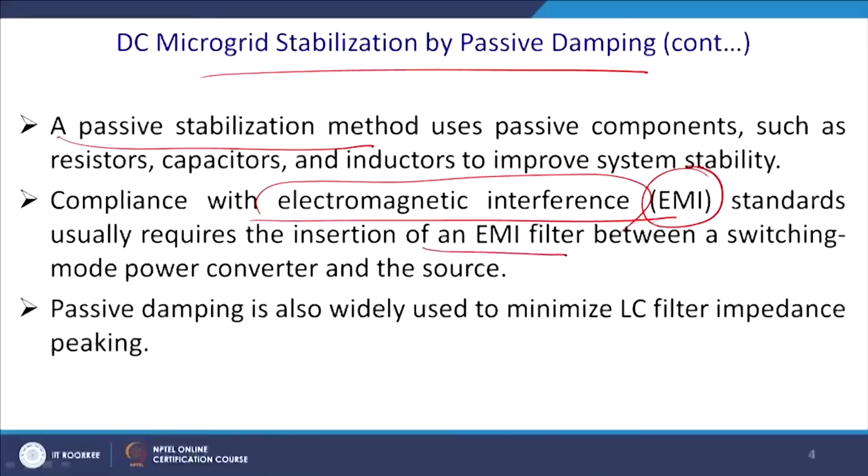The EMI standard usually requires the insertion of an EMI filter between the switching power converter and its use. That itself is a big chapter. Generally you have conducted emission, which has common mode noise as well as differential mode noise, and radiated emission.